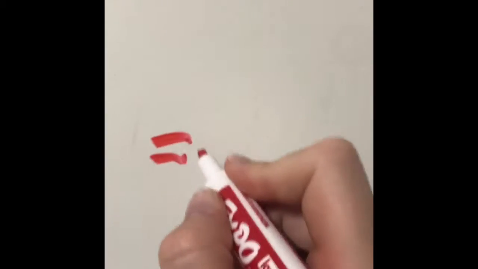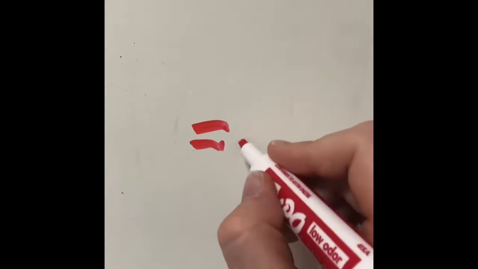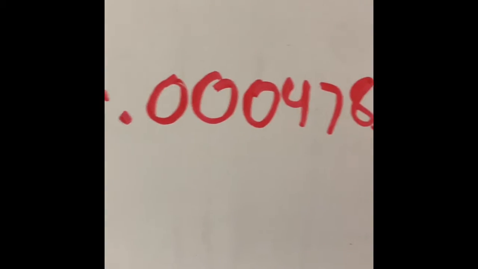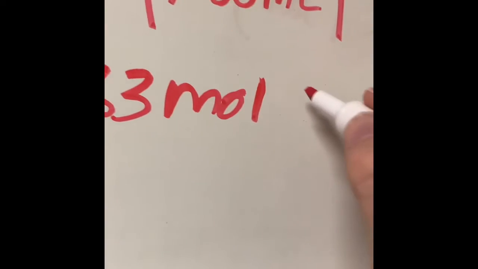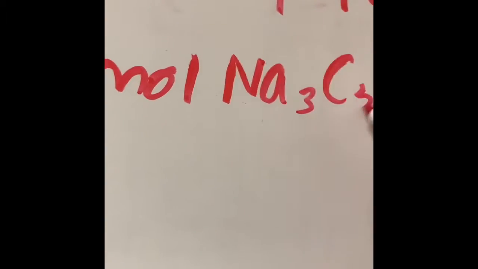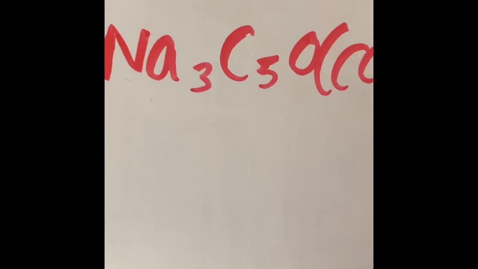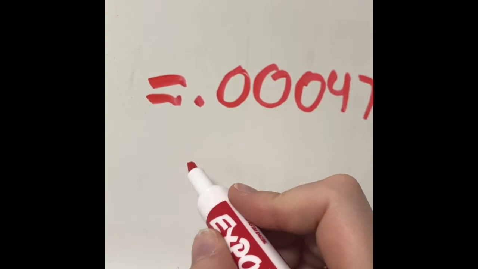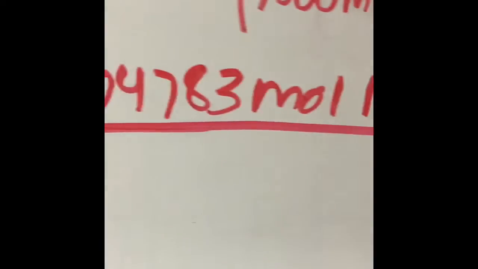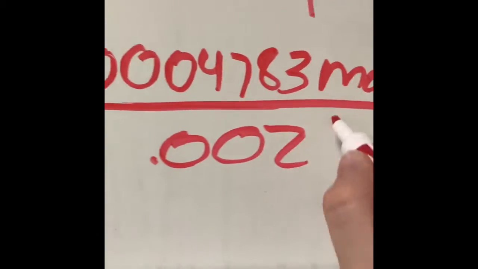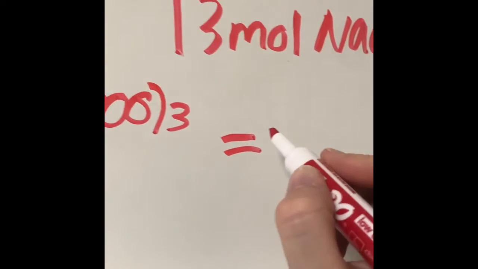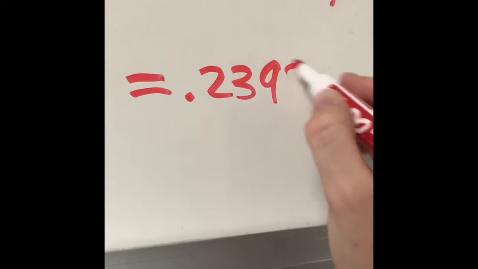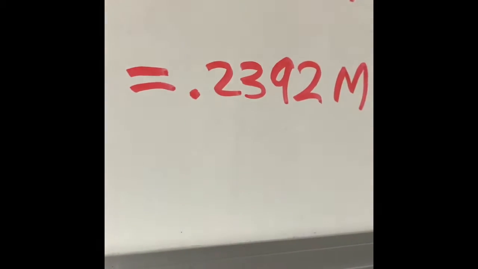So that concentration value of 0.004783 moles of Na3C3H5O(COO)3. So you want to take those moles and divide that by the volume, which was 0.02 liters. So if you divide that by that volume, you will get the molarity, which equals 0.2392, and that is the molarity.